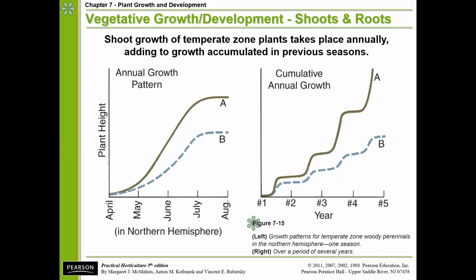For annuals, it's just going to grow in this pattern here to the left, where it increases in plant height, growing vegetatively until it gets to its reproductive phase, and then it eventually will stop growing in height and just put all that energy into flowers and seed production.